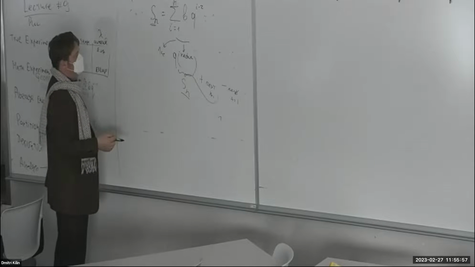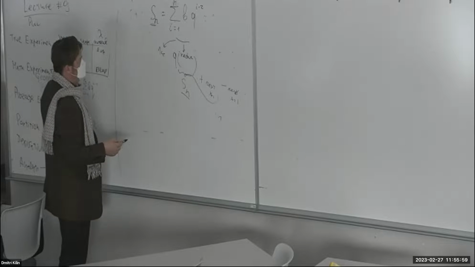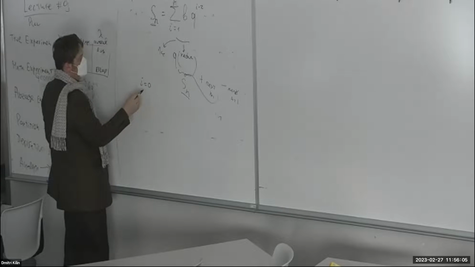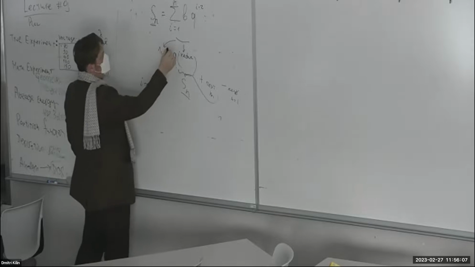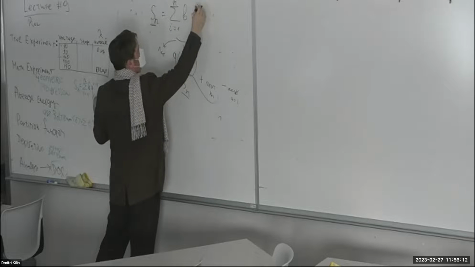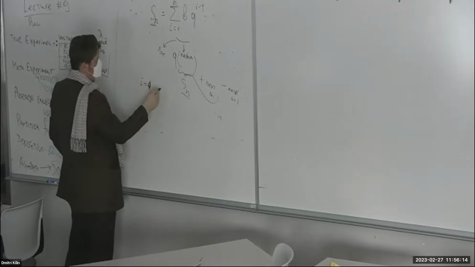So let's try to do it. For i equals 1, it should be not 2, it should be 1. For i equals 1, we'll have q to the power 0.